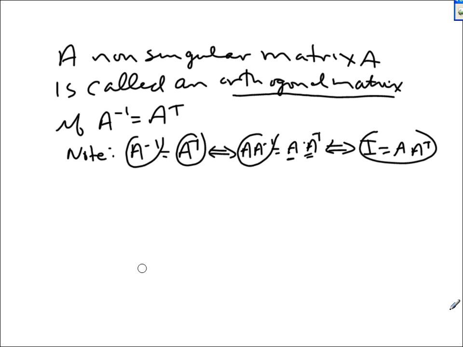Because by the definition that's usually written up in a book, A inverse equals A transpose. That's the typical way to define an orthogonal matrix.